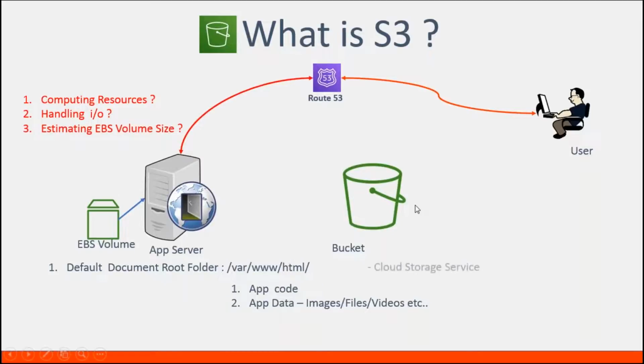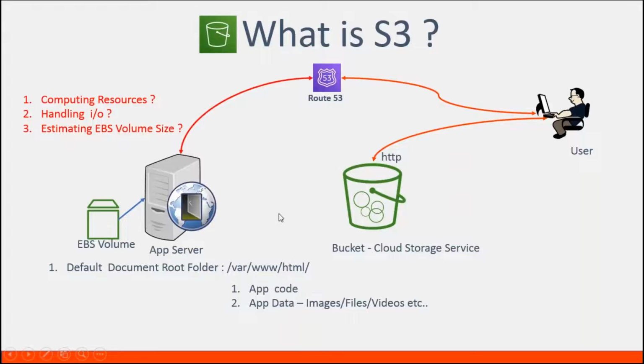In this bucket, now I'm going to upload the data. The images, videos, files that I want to serve to my users, all of them I'm going to store in the S3 bucket so that the users can access the data and upload the data directly from your S3 bucket. So the request will not go to your server actually.